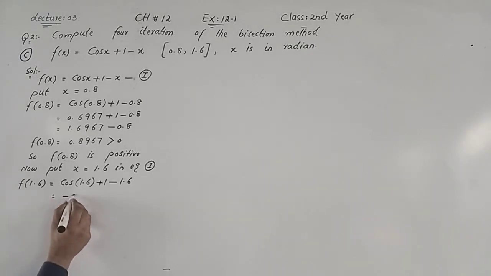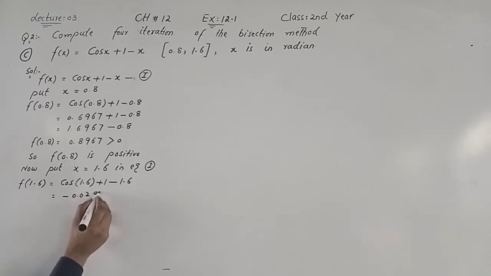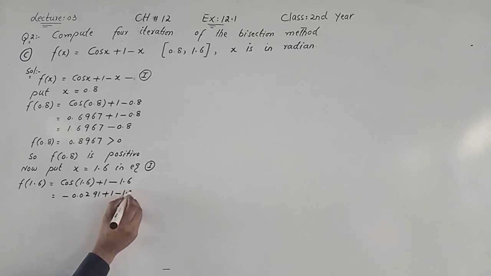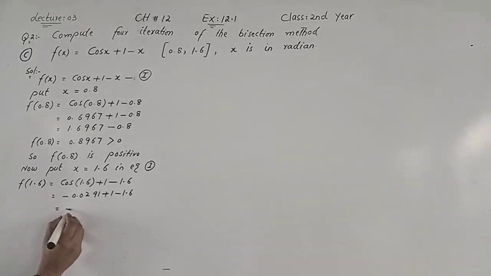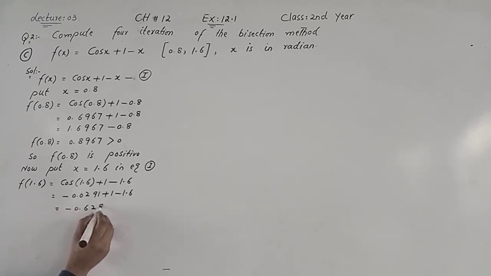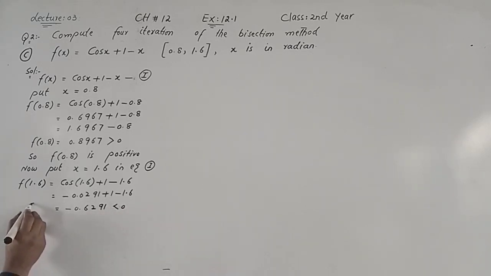minus 0.0291 plus 1 minus 1.6। अब ये सब ऐड करें तो हमारे पास आ जाएगा minus 0.6291, which is less than 0.